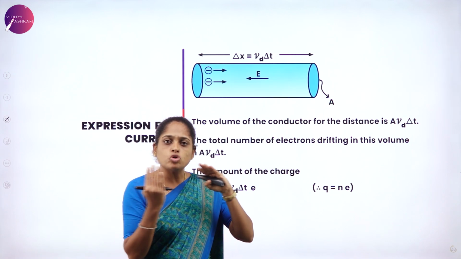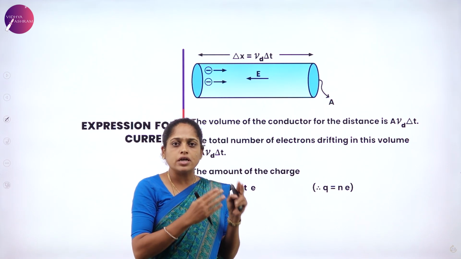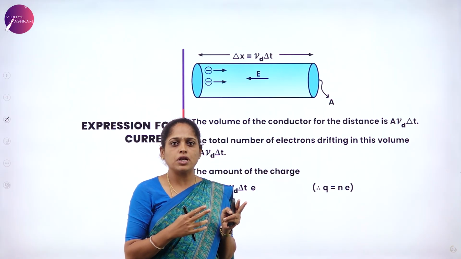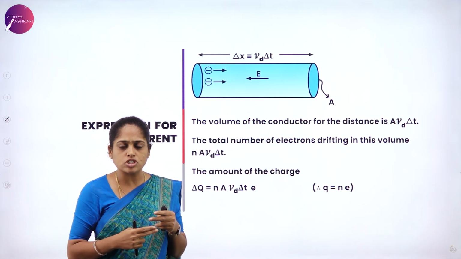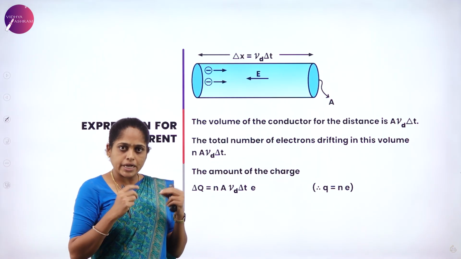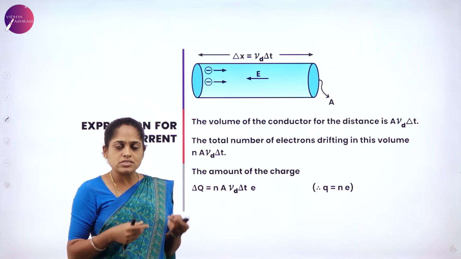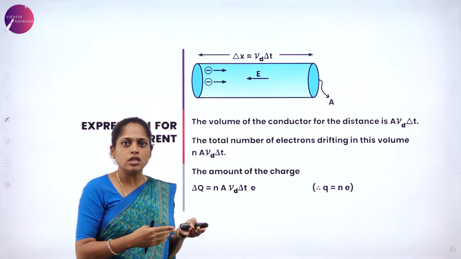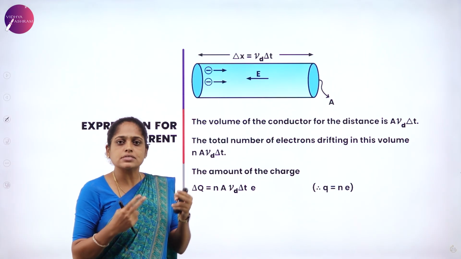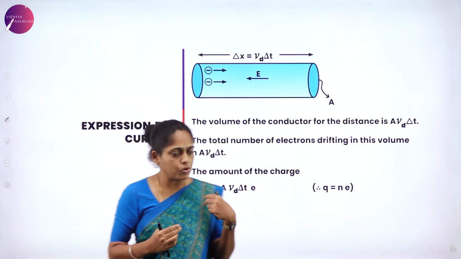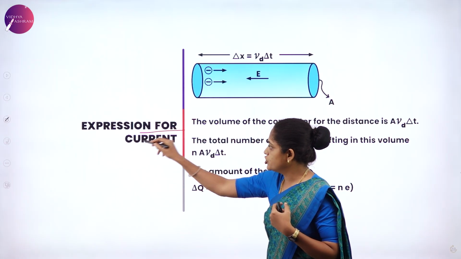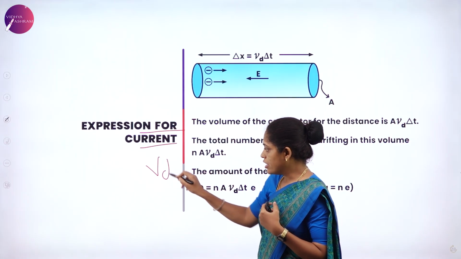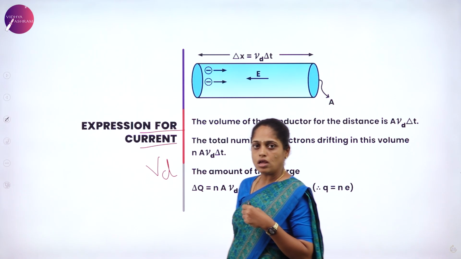Since they move in one direction, towards the positive terminal through an area of cross section, that is nothing but current. Current is defined as the flow of charges in one direction with time. Now I have to derive the current expression in terms of drift velocity.